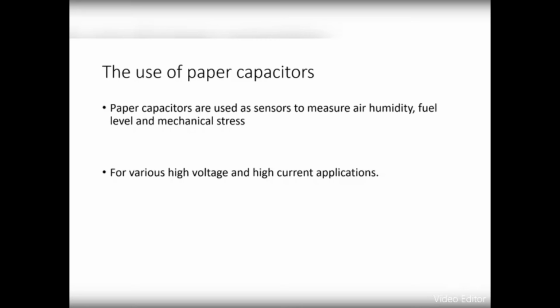At present, paper capacitor is used as sensor to measure air humidity, fuel levels, and mechanical stress, and is also used in a variety of high voltage and high current applications.